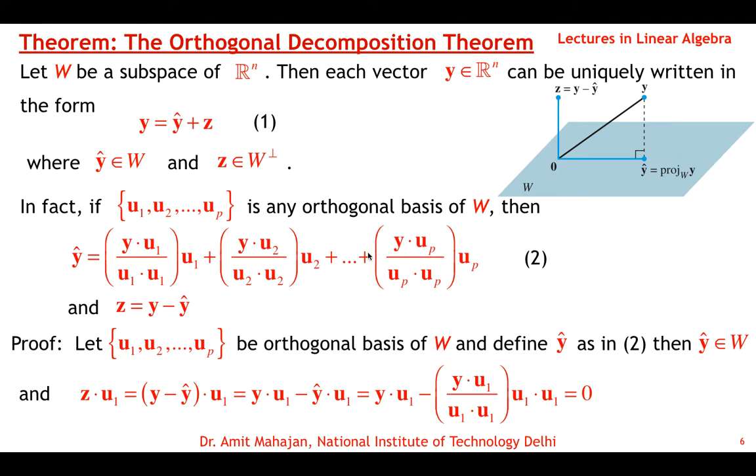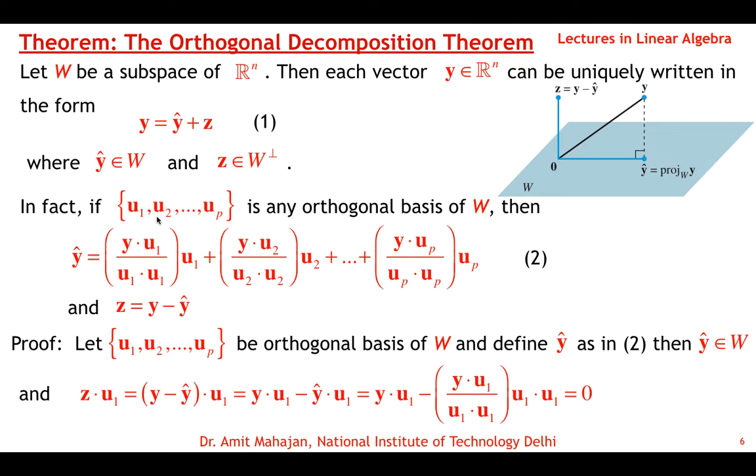So the rest will all become zero, and only the first will give a value. So this u1 dot u1 will cancel out, and y dot u1 minus y dot u1 will be exactly 0. That means z is perpendicular to the u1 vector.